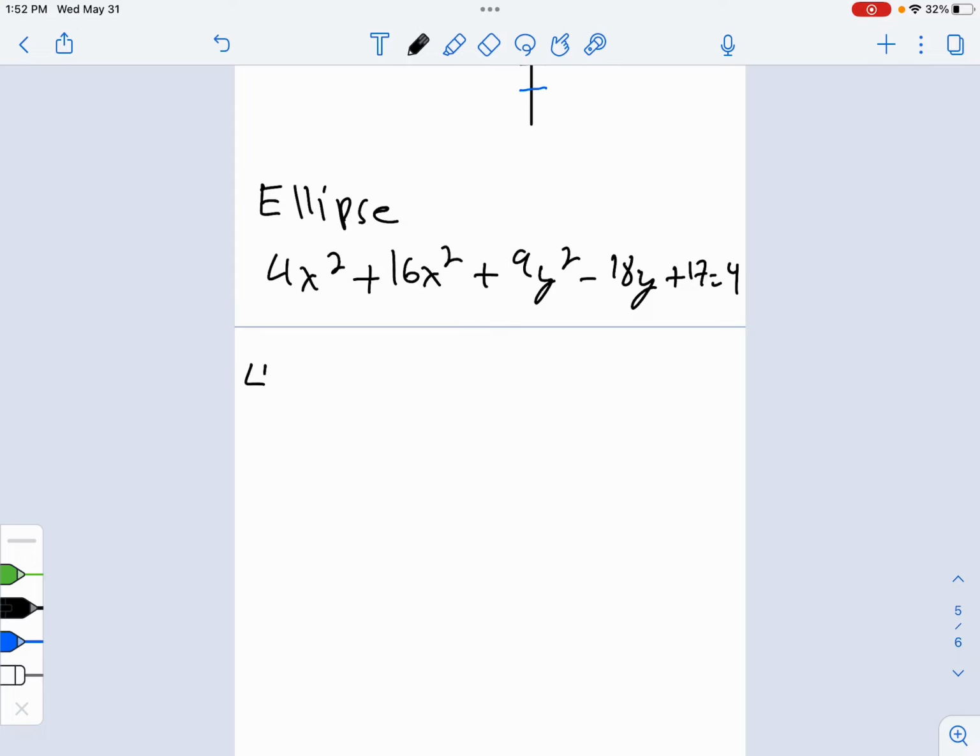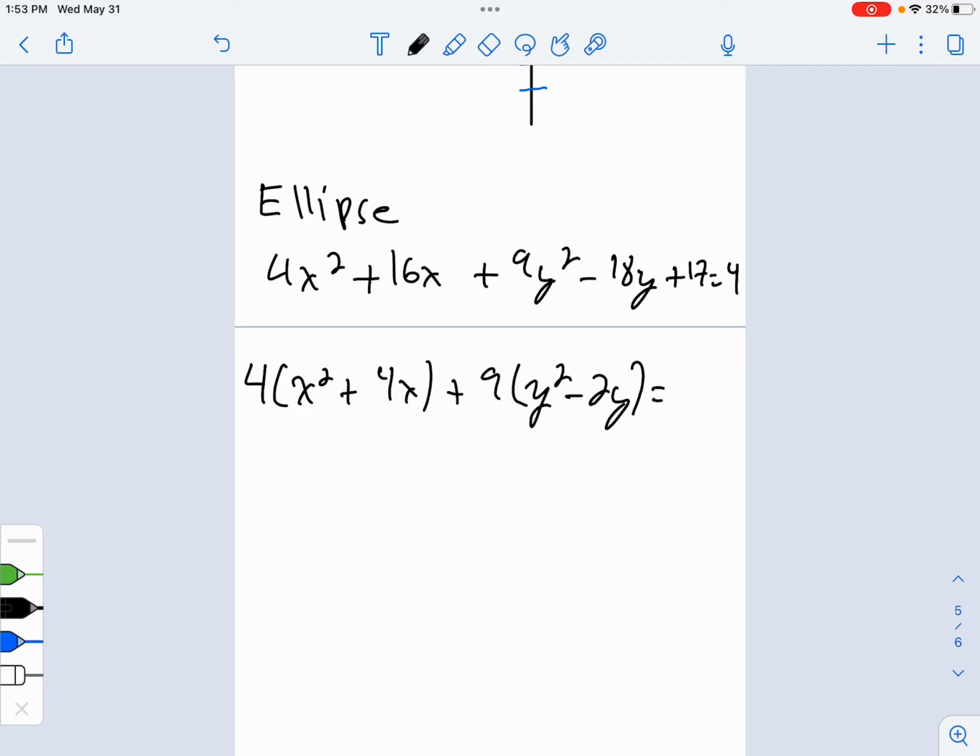So you would factor a 4 out of the 4x² and the 16x. I'm sorry, that's supposed to be 16x. I apologize. If you're not familiar with completing the square, I'd recommend checking out another video that I made on that.